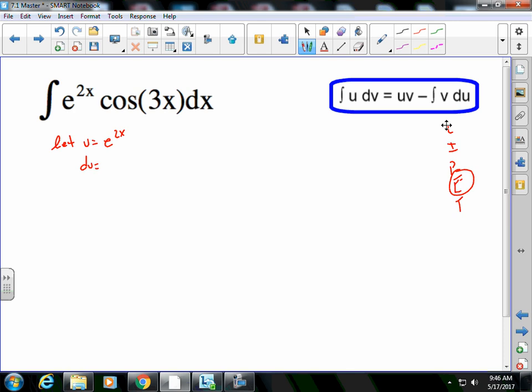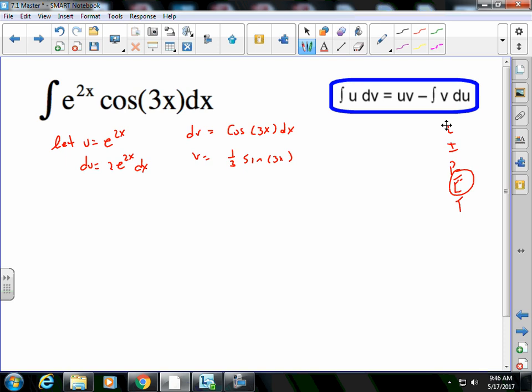du has to equal 2e to the 2x. dv has to be what's left over, cosine 3x dx. v has to equal 1/3 sine 3x.